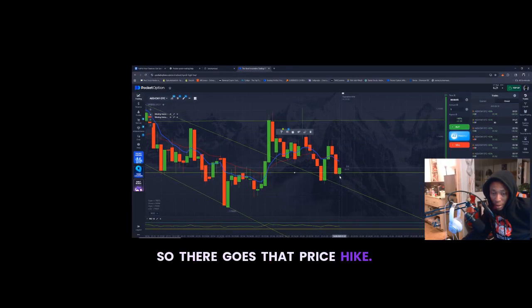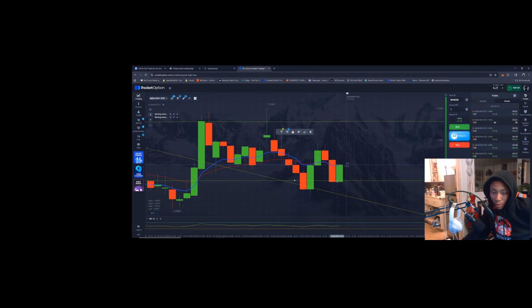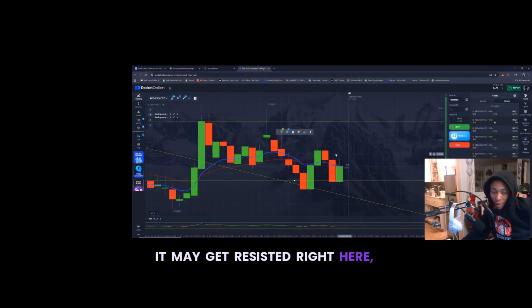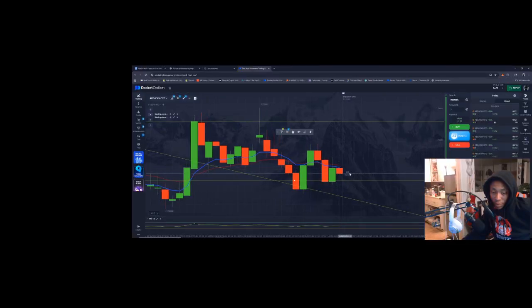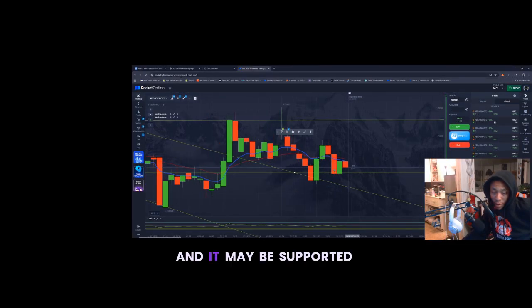So it might bounce. If it passes here, it's confirmation that, so there goes that price hike. Boom, it's gonna climb. It may get resisted right here. And it may be supported right here.